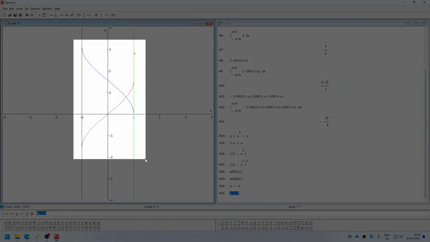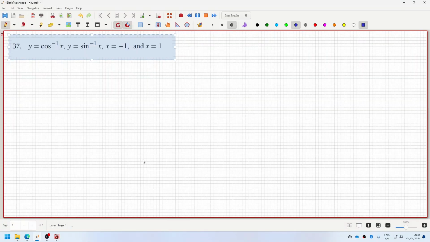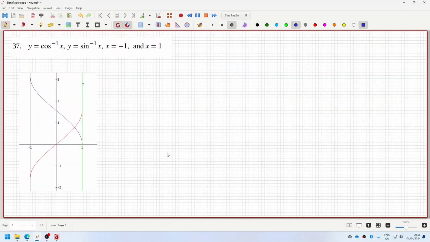Oh, weird. Weird. Yeah, okay. That one is the cos inverse, and that one is the sine inverse.